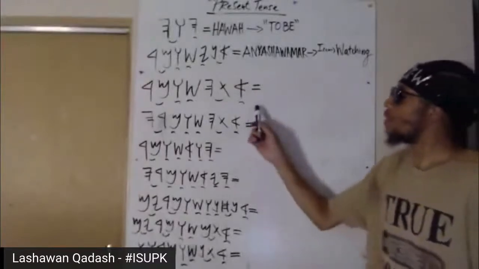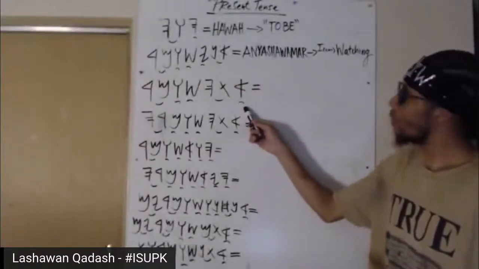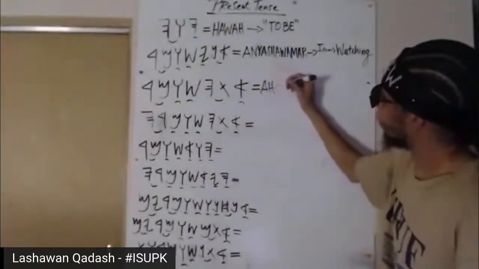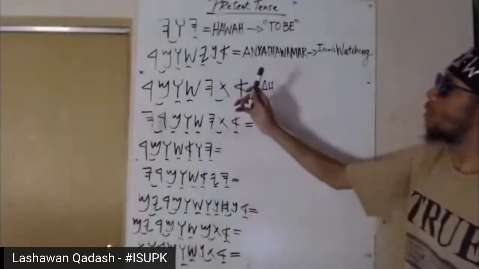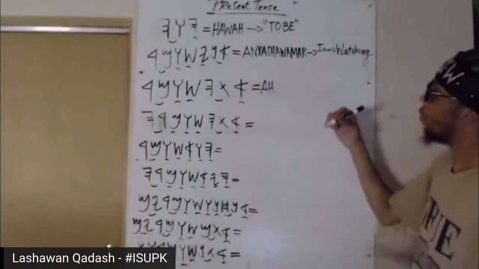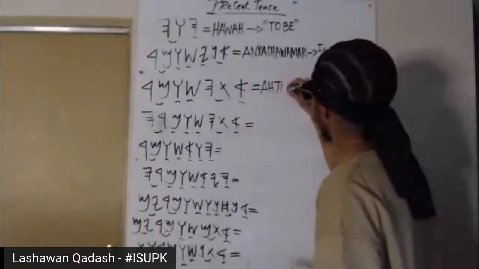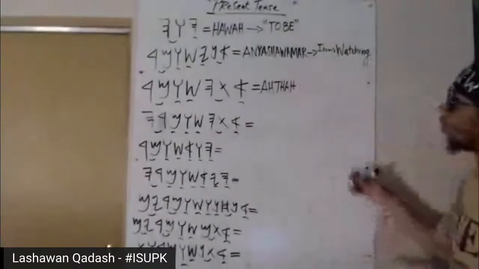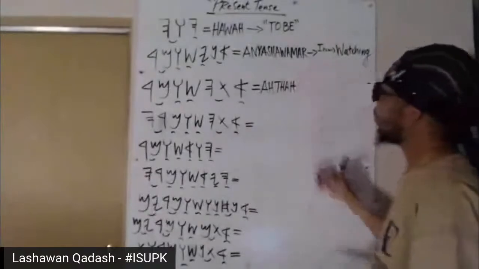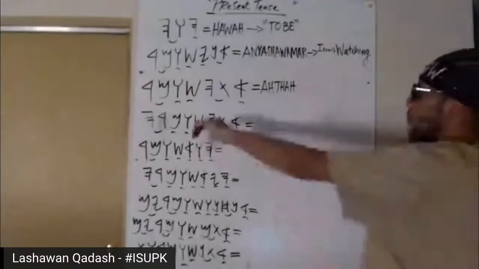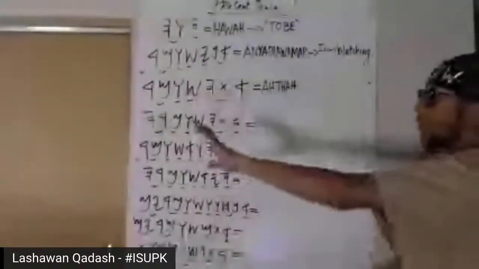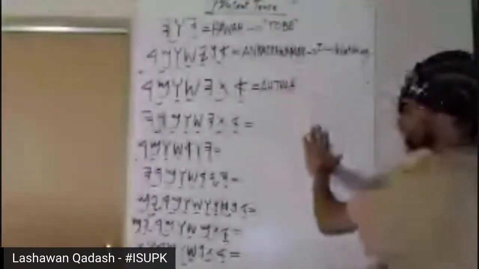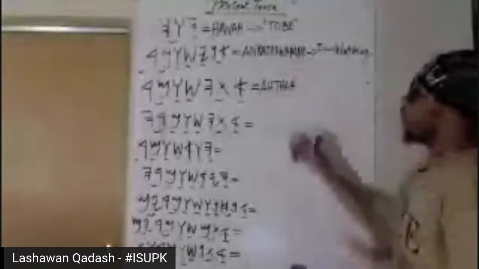Alright, so the ah by itself is AH, and you have the ta, which is TH, AH. Now, as you see, we did the pronouns, but we are transitioning into the present tense, which is "you."